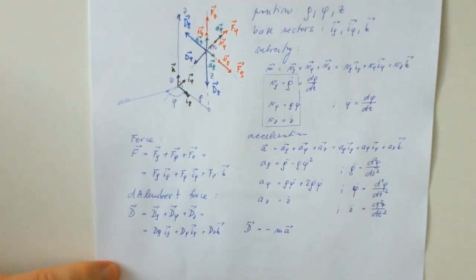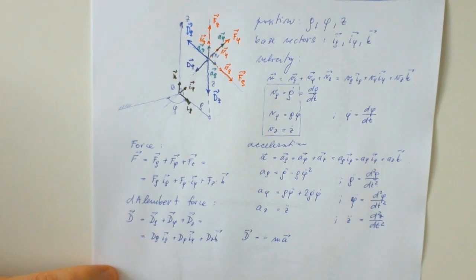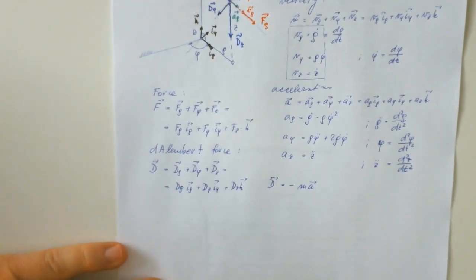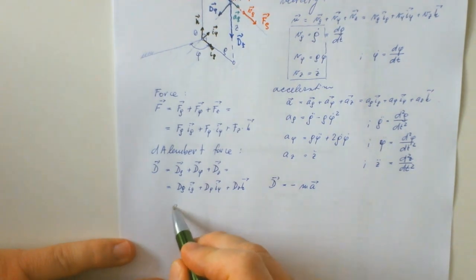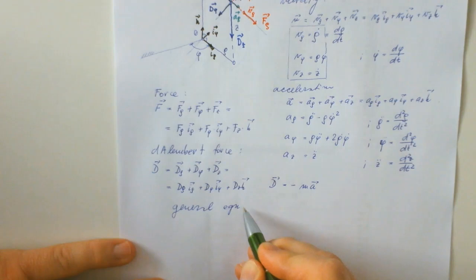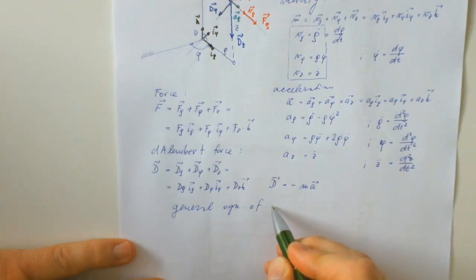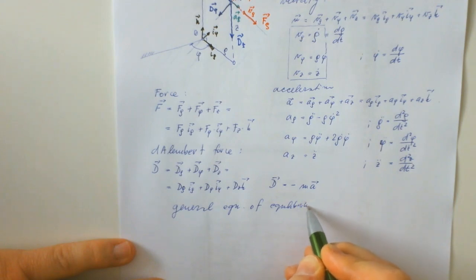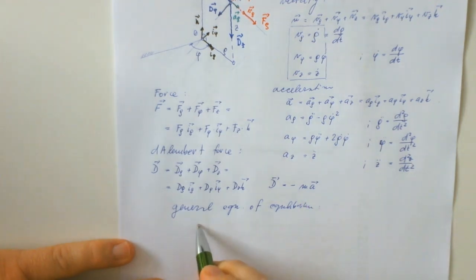And generally we can write a general equation of equilibrium. So it's given by this formula.